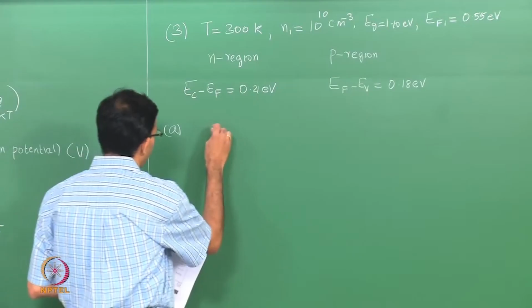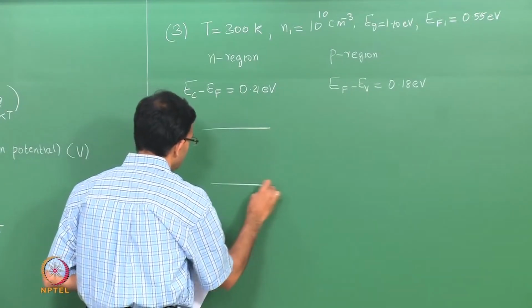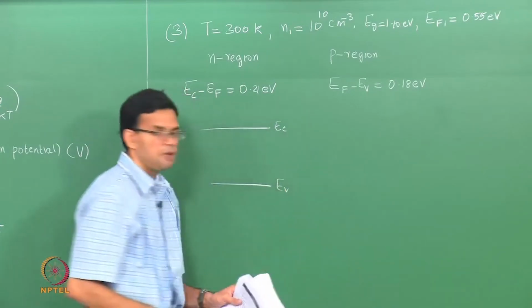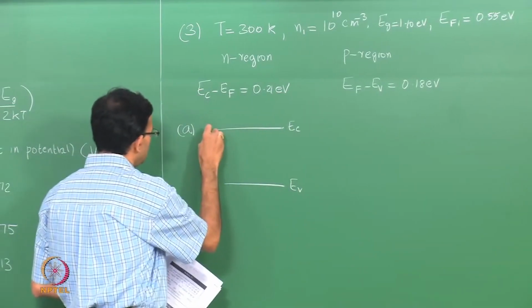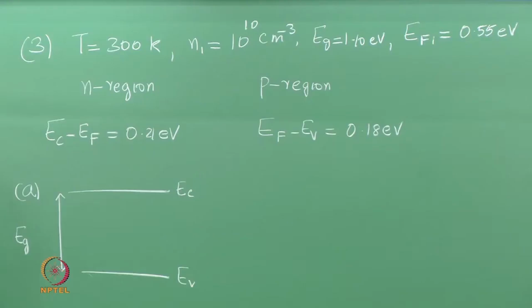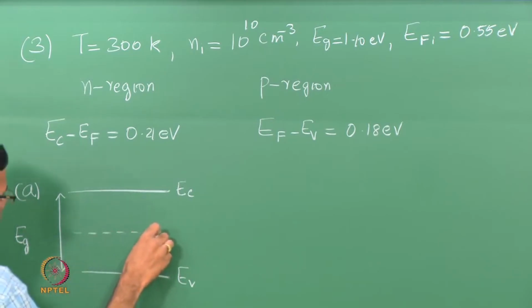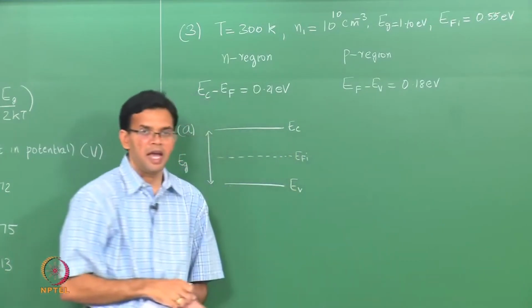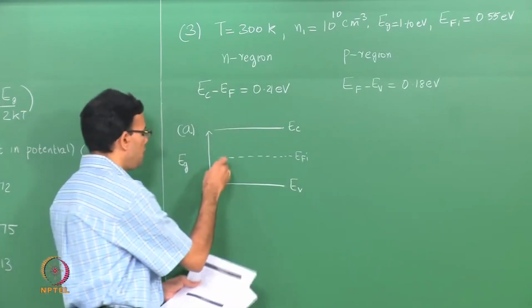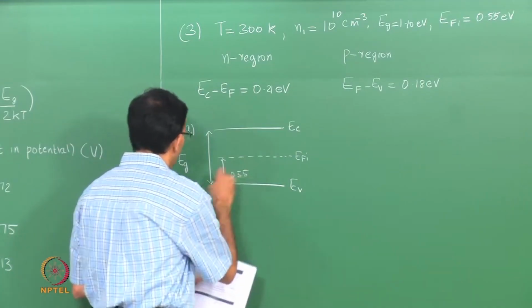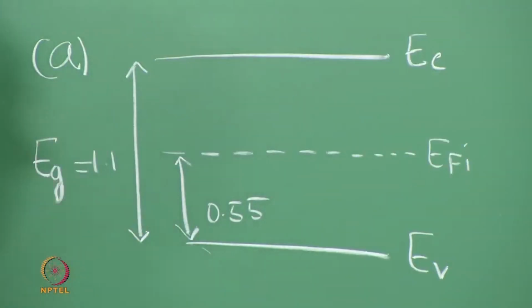So, on the n side, this is my conduction band, this is my valence band. This gap is nothing but Eg, which is 1.1. EFI is at the center of the gap, so that is 0.55, and Eg is 1.1.